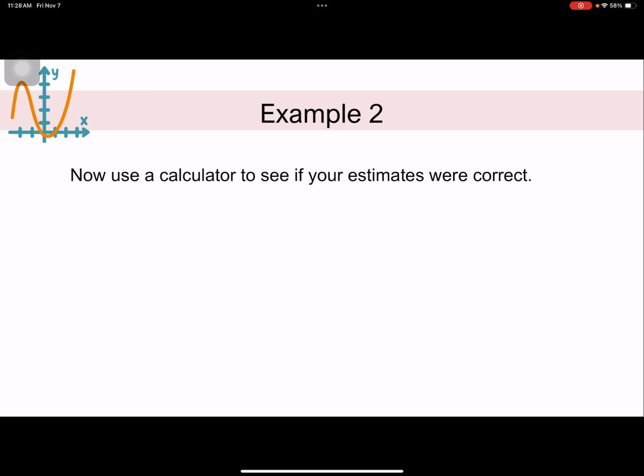But now I want you to use your calculator and check to see if your estimates were correct. So you can write those off over to the right or something like that. Okay? So that's what we're doing. We are looking at a graph and being able to pull properties of our polynomial from it, and then being able to look at a table and doing the same thing.